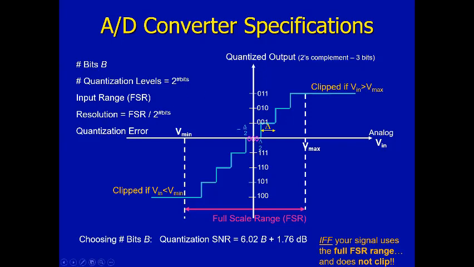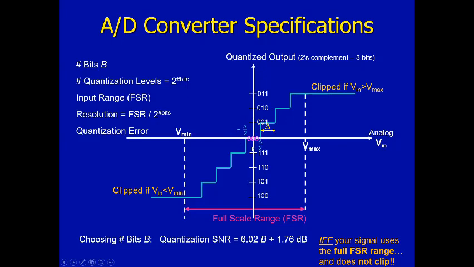This quantization error we can model as a statistical noise, and if you do, you can show that the signal to noise ratio of an A to D conversion process is directly related to the number of bits, because the number of bits changes the number of quantization levels and how close together they are.